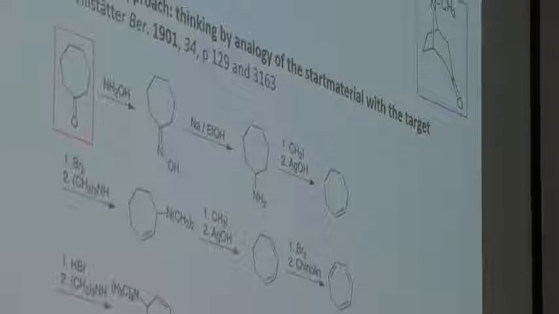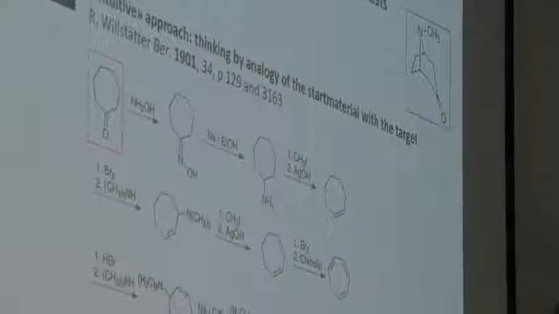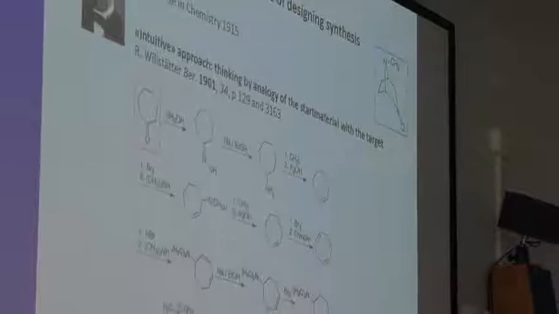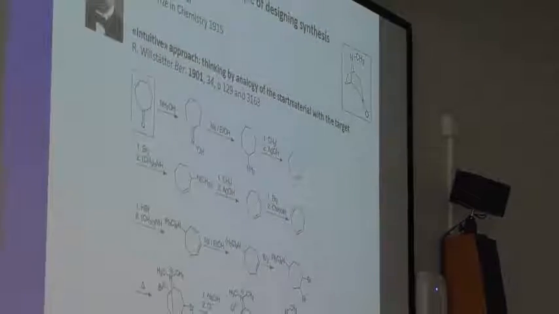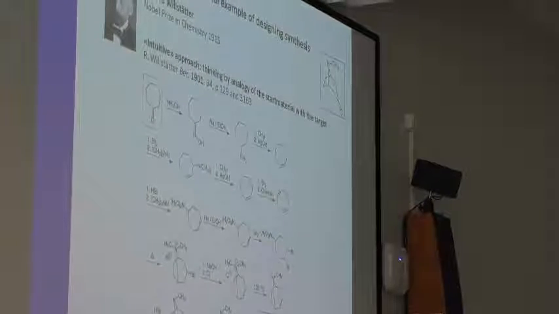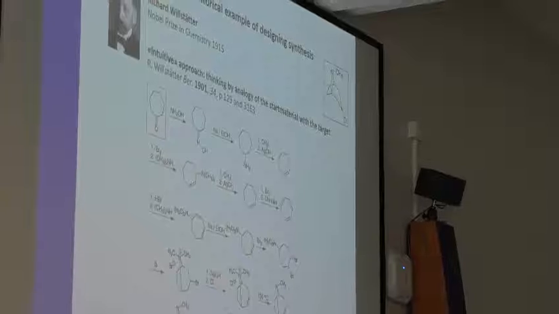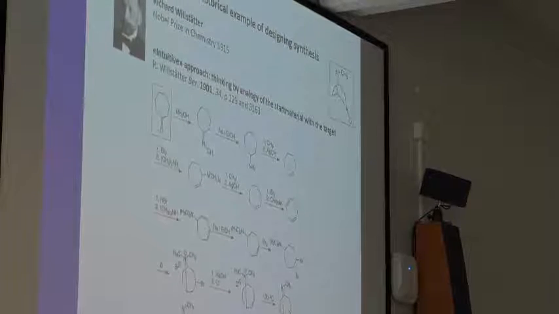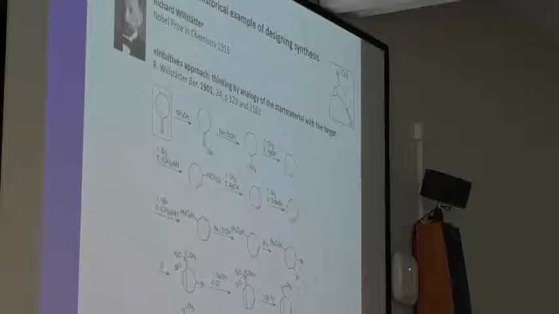Willstätter did that at that time. Willstätter's tropinone synthesis does not involve any C-C bond formation. The choice of the starting material was probably made by analogy to the product.